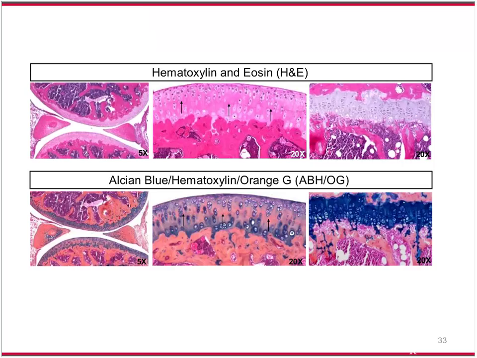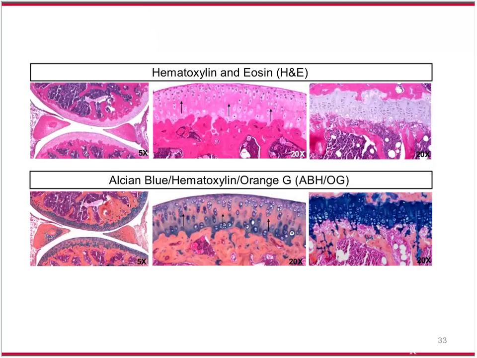Right here is a stain done on a mouse hind limb. It's the hematoxylin and eosin on the top, and the arrows point to just the articular cartilage.